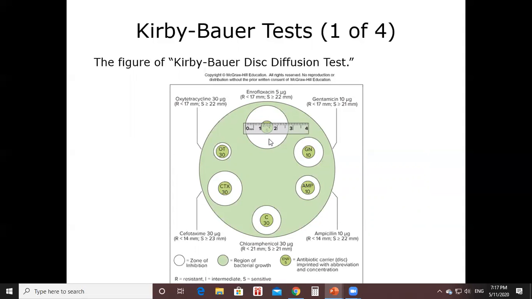On this one, this particular bacteria was pretty sensitive to this one. It wasn't very sensitive to this one, so you wouldn't use this antibiotic for this particular infection. You would use this one, or even this one.